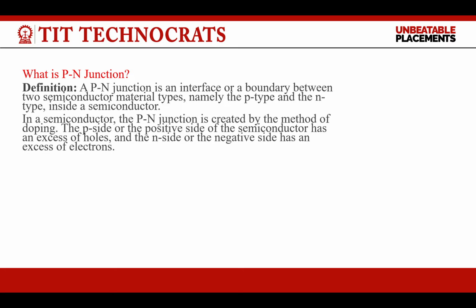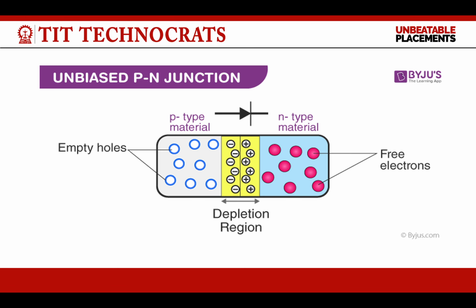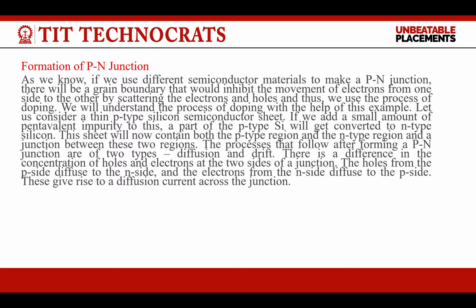The P side, that is the positive side of the semiconductor, has an excess of holes, and the N side, that is the negative side of the semiconductor, has an excess of electrons. Now the unbiased p-n junction: this is the diagram having p-type material with empty holes, and n-type material having free electrons, partly separated by the depletion region.